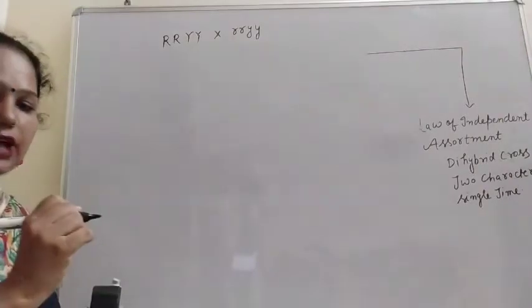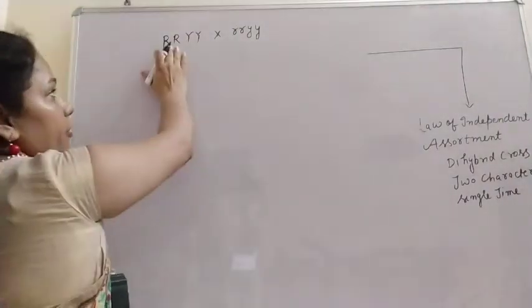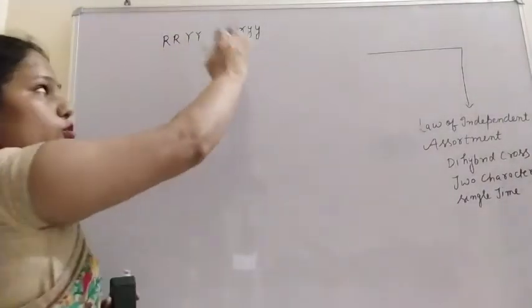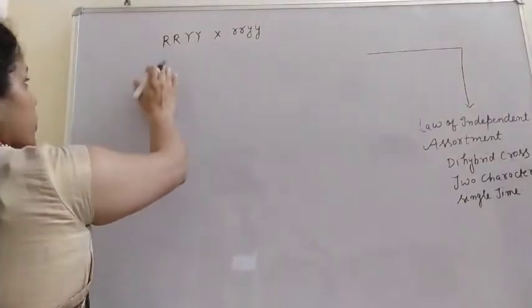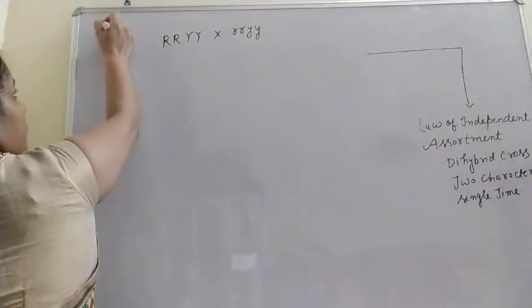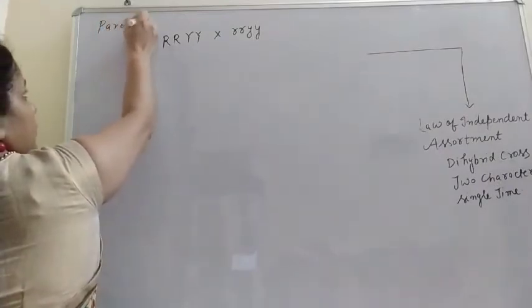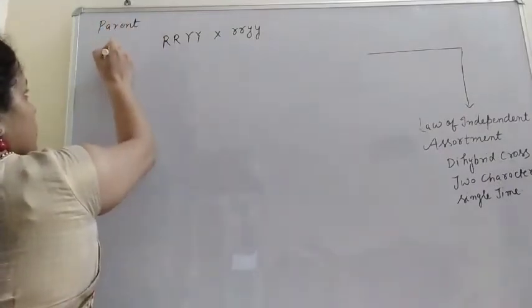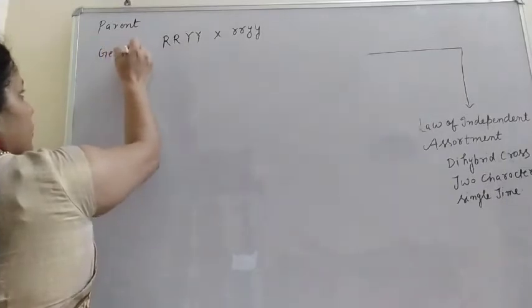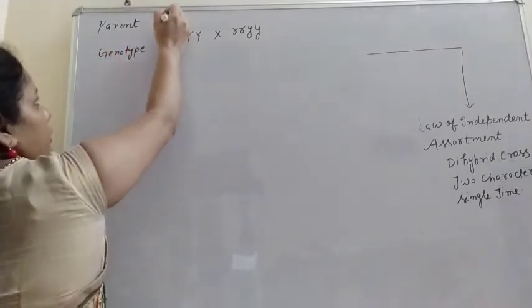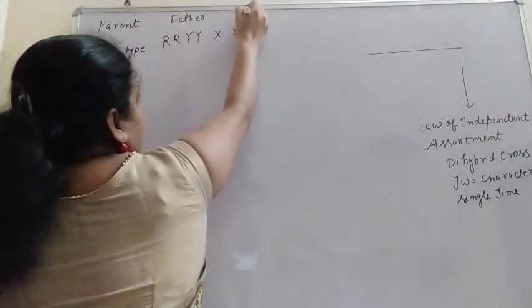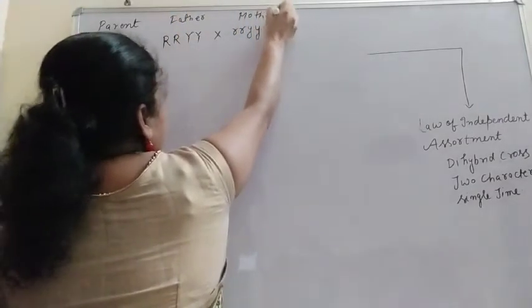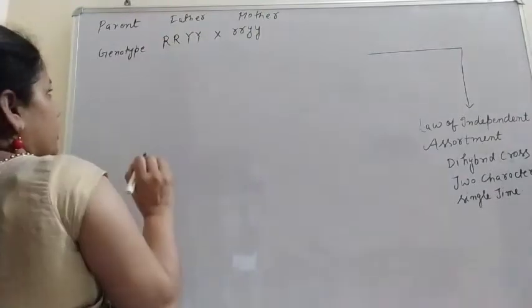So this is the genotype of a plant, and we have taken two characters here, so it is known as dihybrid cross. So this is the genotype. You can write here the parent, and this is the genotype. Here you can write father, mother, and that is the genotype.